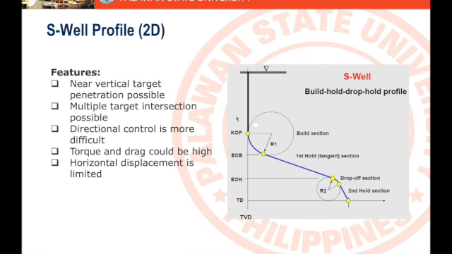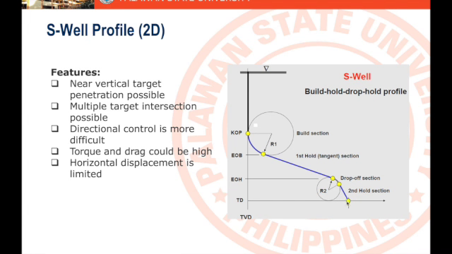So here is an S-well profile. From the build, hold profile, we have an S profile, or a build, hold, and drop and hold profile. Okay. So the target is near vertical, and multiple target intersection may be possible.